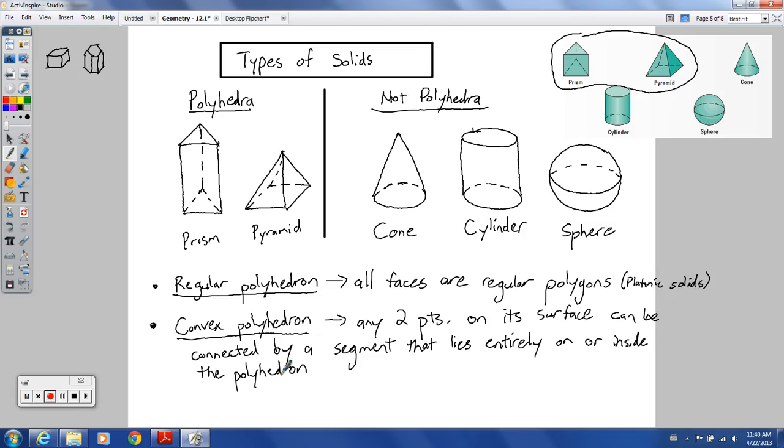So that's the technical definition, but the way we'll be used to thinking of it more is there's no caving in parts. Just like concave polygons had caving in parts, convex polygons have no caving in parts. The same thing applies to polyhedrons, in 3 dimensions.